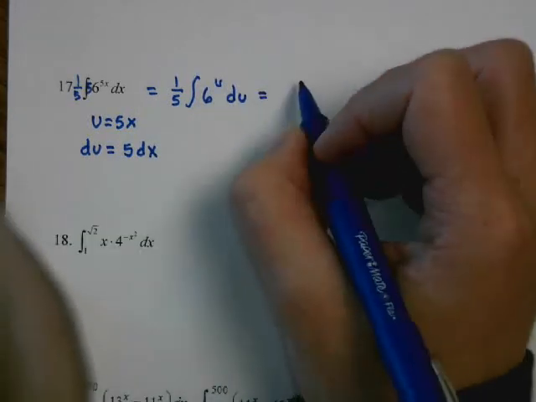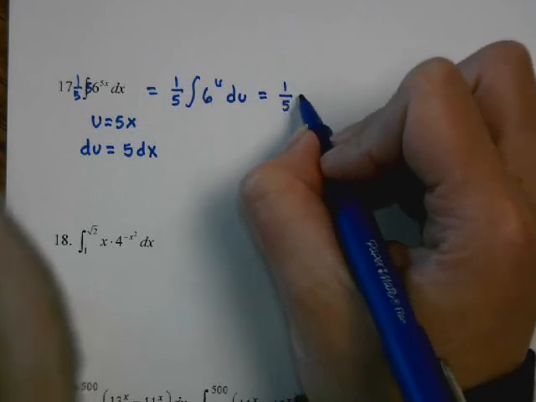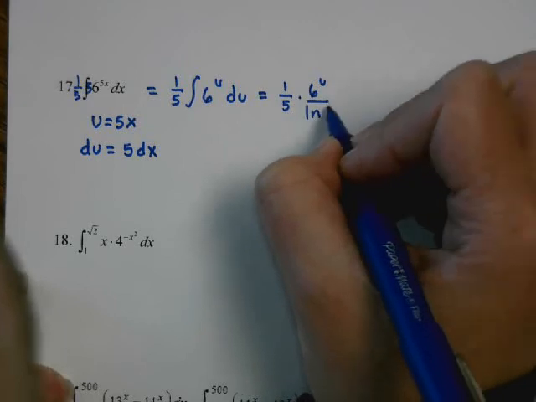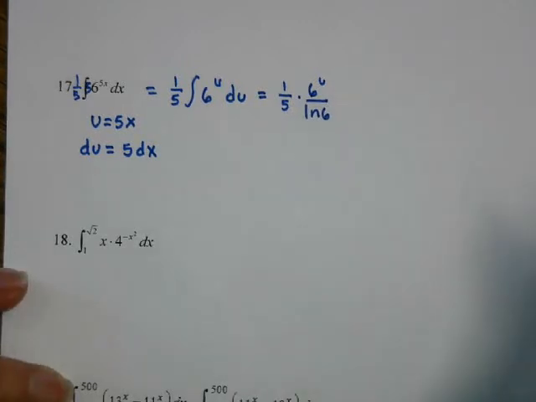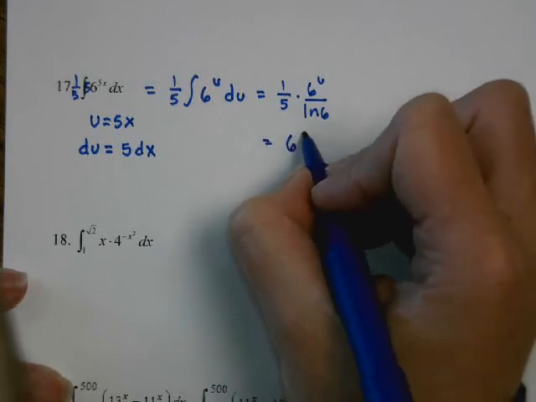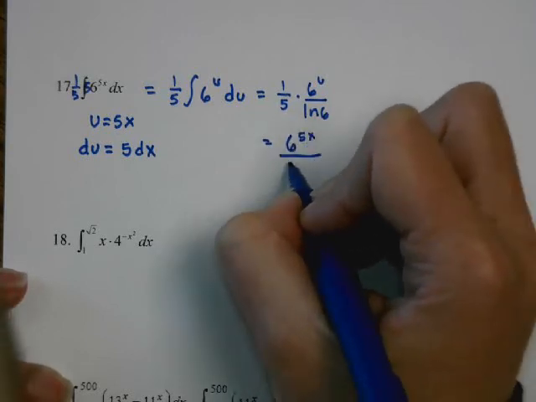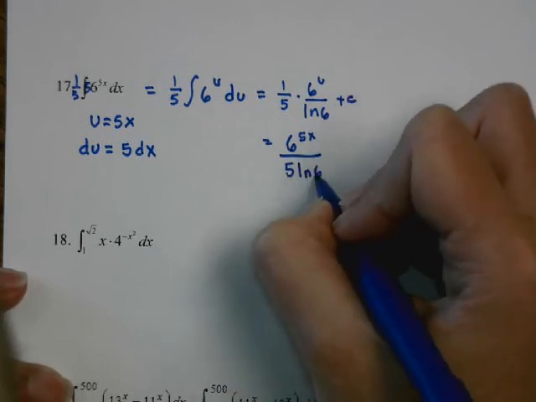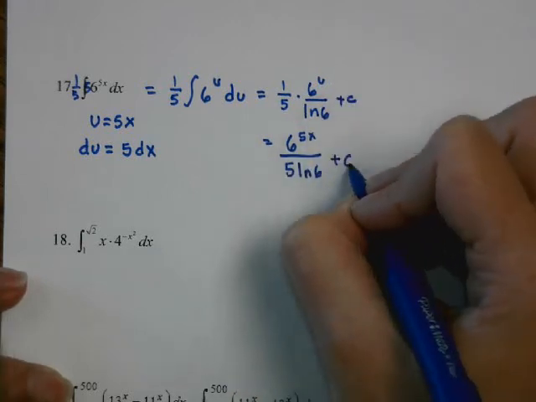So this would be 1 over 5 times 6 to the u over natural log of 6. So this will be 6 to the 5x divided by 5 natural log of 6 plus c.